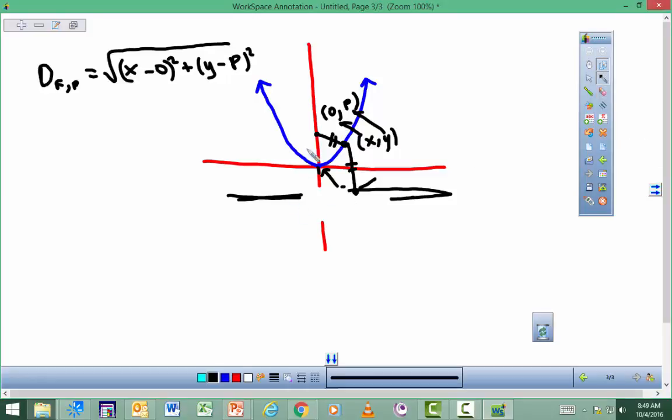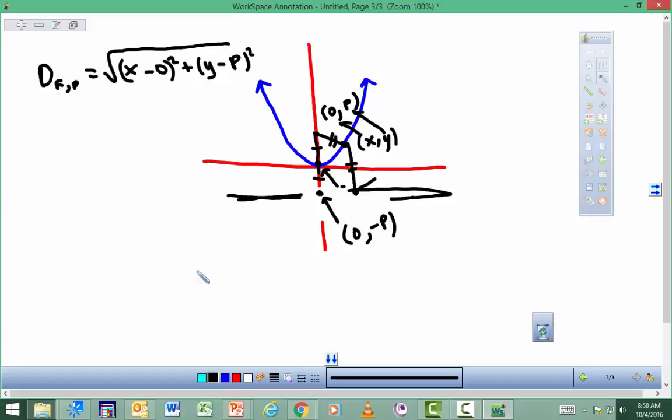Remember what I said though, is that if we look at this distance and this distance here, those two distances have to be equal, because it's the distance to the focus point. The distance to this line down here has to be equal, and so the coordinates right here are 0, p. Well, that means this point down here would have 0, negative p.